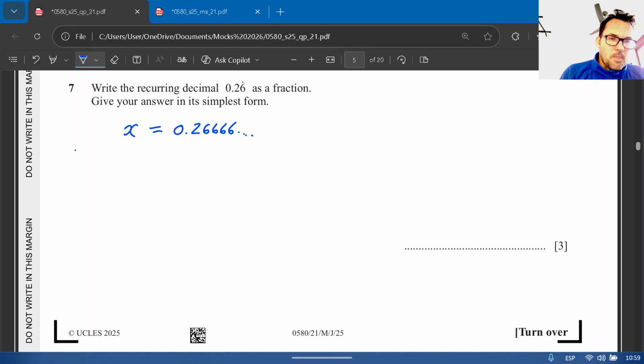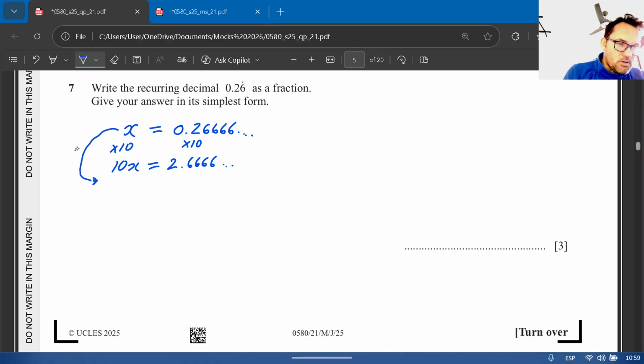Right. So now there's different ways of doing this. People do it different ways, but I just think there's one number recurring, so I'm going to times my equation by 10 on both sides. So that means 10x will be 2.6666. Then I'm just going to take this first equation and write it down here again. You'll see in a moment why.